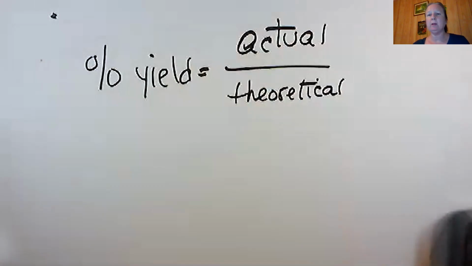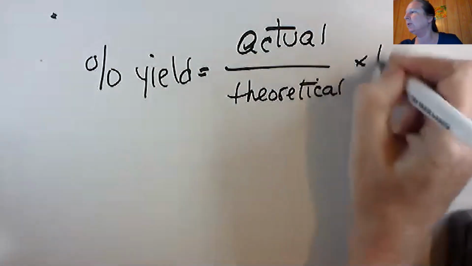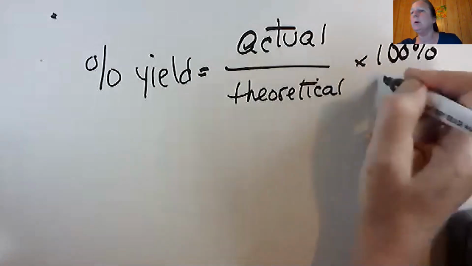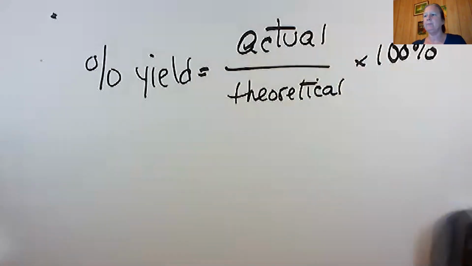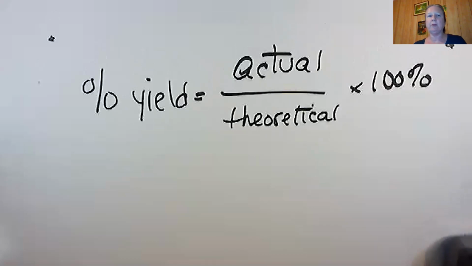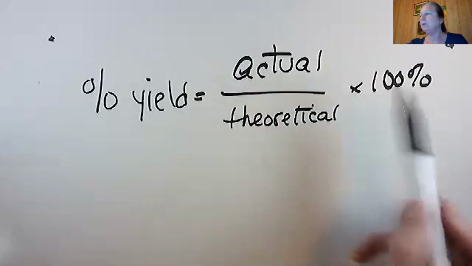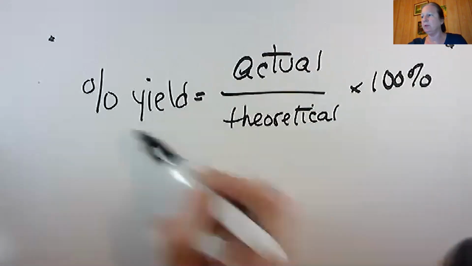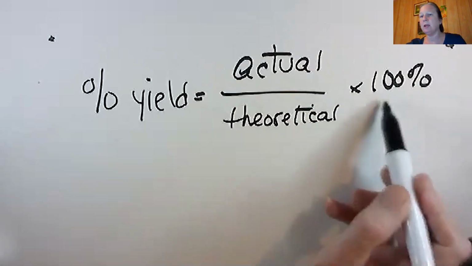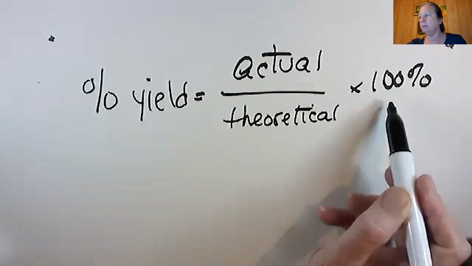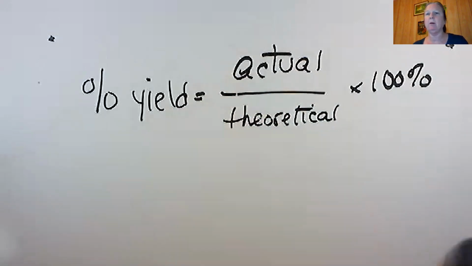We call the calculated value the theoretical yield, in theory, and then times 100%. This is a mathematical construct to get the percent. It does not count towards sig figs, only these numbers. All right, so 2 examples on the slides.